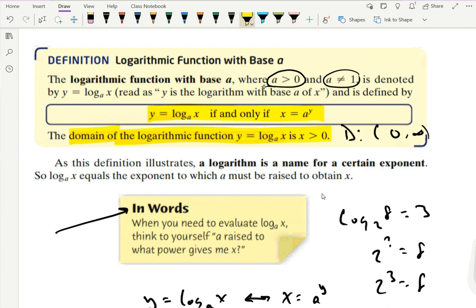Yes, we did. We had a had to be bigger than 0. A was our base, so that base had to be bigger than 0.